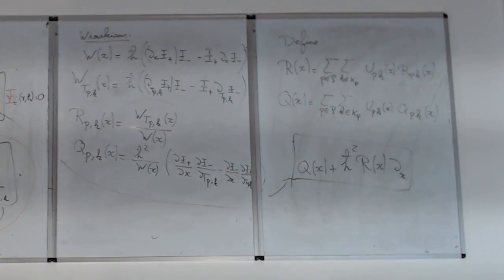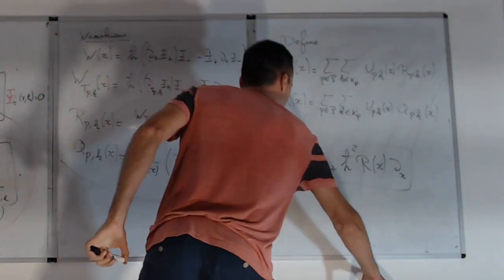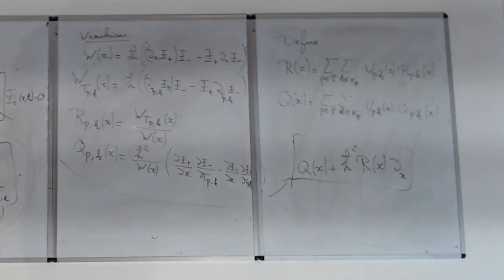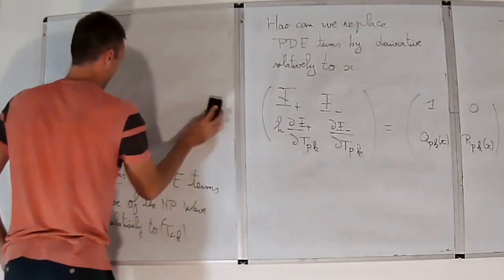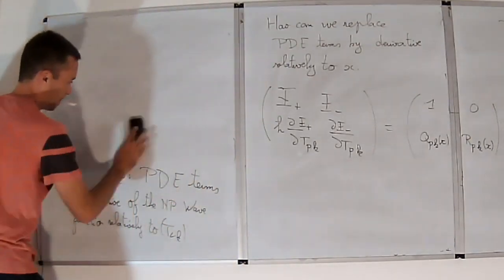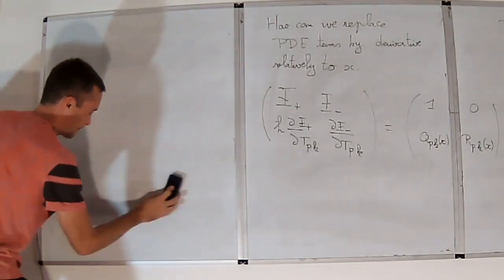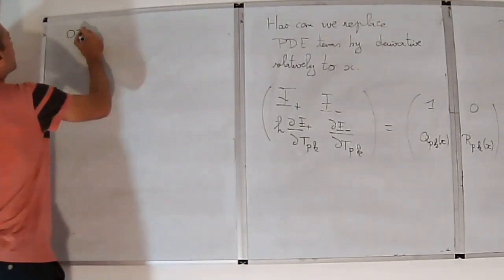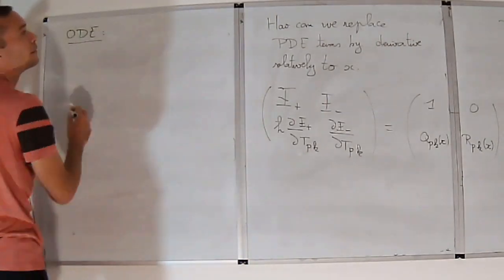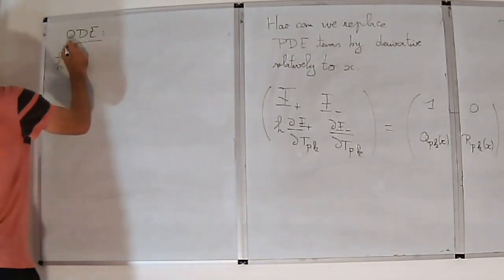Right. So at this moment, what I have is now an ODE, which is, so that's h bar squared.